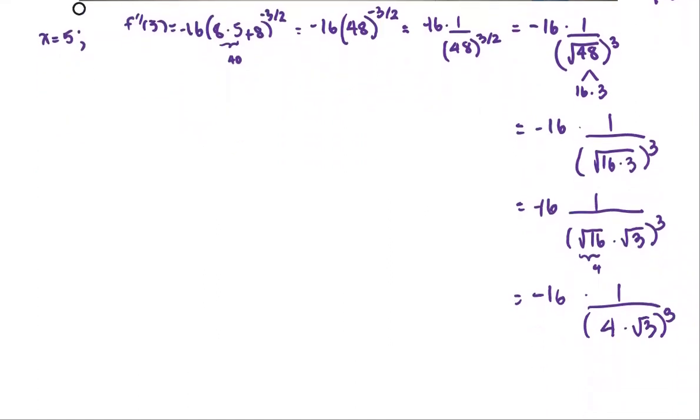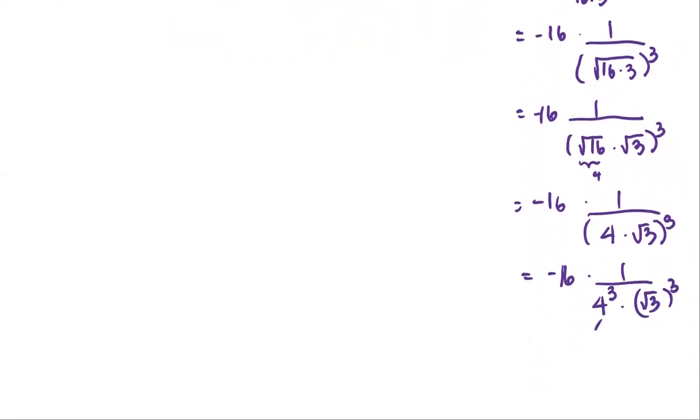Similarly, if you have a product raised to the same power, you have negative 16 times 1 over 4 to the third power times square root of 3 to the third power. And 4 to the third power is 4 times 4 times 4, 4 times itself 3 times.